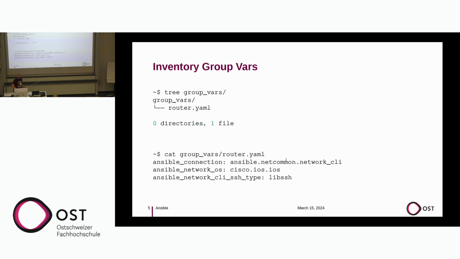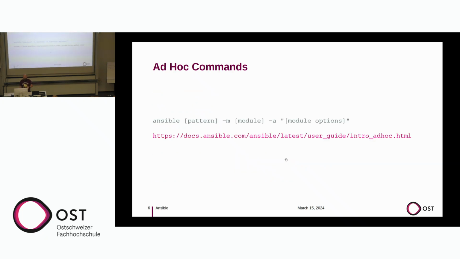If we have this file router.yaml, it will take it from here. If we need more flexibility, we could also make a directory router and put multiple files there. That's especially handy if you generate some variables with other scripts. So it does not have to be one file, it can be a folder, and there you can have multiple files with your data structure.